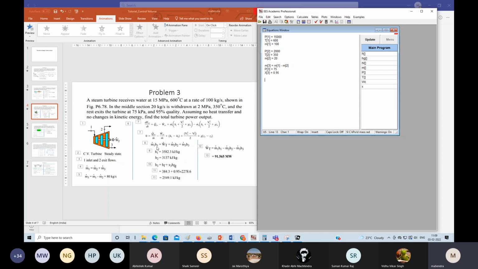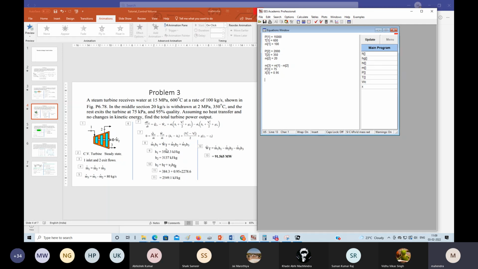Enthalpy of 1 multiplied by inlet mass 1 equals work output plus enthalpy going out at the tapping location and enthalpy coming out at the outlet of the turbine. This is the formula we have to consider. Then here we need to find H1, H2, H3.